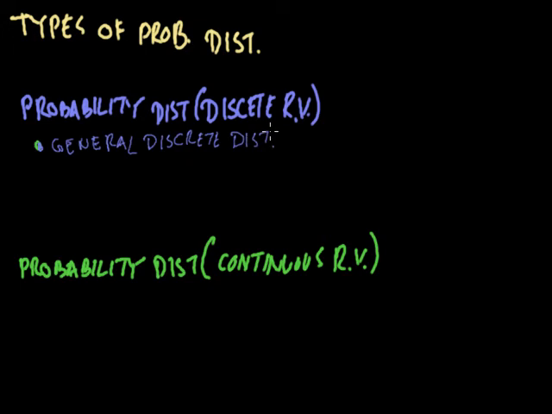So it means it is not anything specific, it's the general distribution. Now the next one is called the uniform distribution, uniform discrete distribution. Uniform means equal.